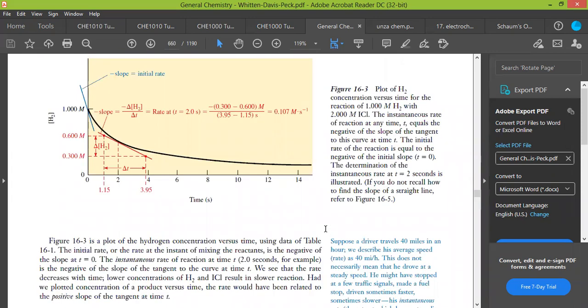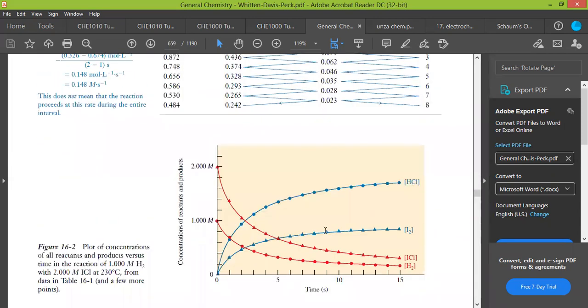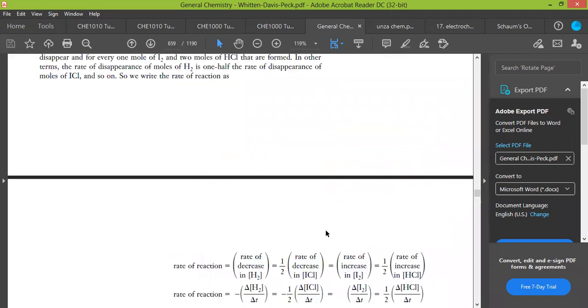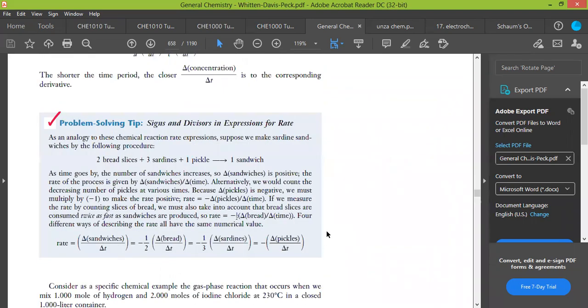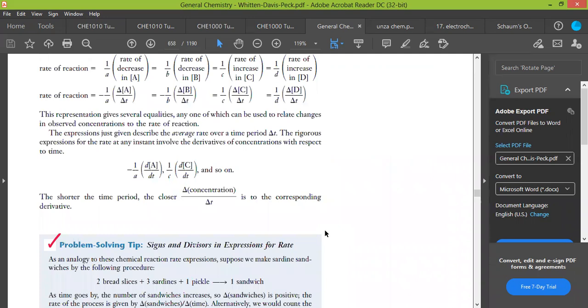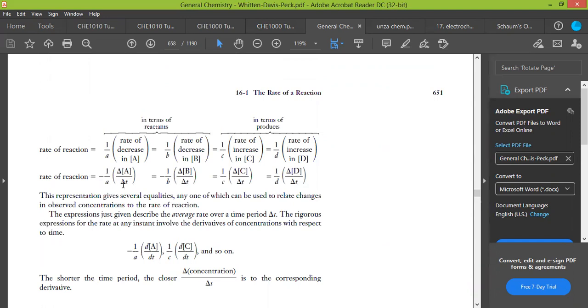Okay, so anyway, before we look at that, okay, so here they're saying the short time period for a concentration over time is the corresponding derivative. So what I was trying to explain there is what they've written here.